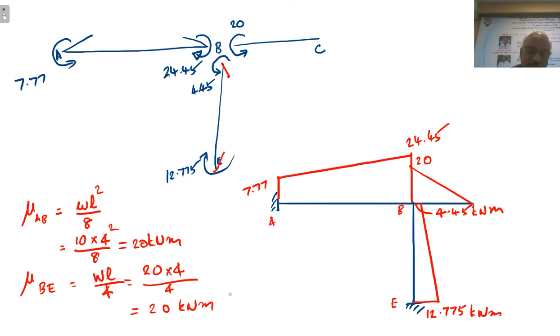So that is about the simply supported beam moments. So these are the values.